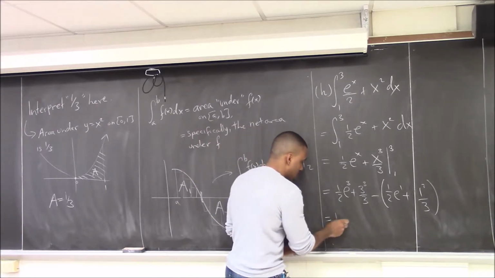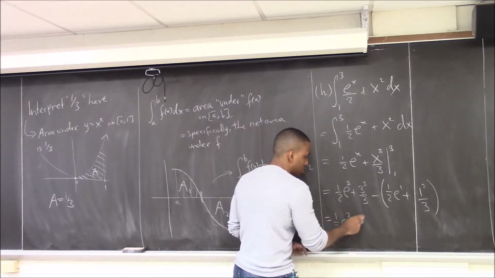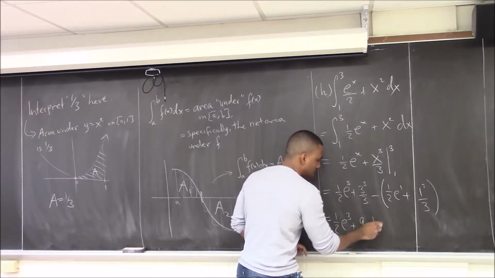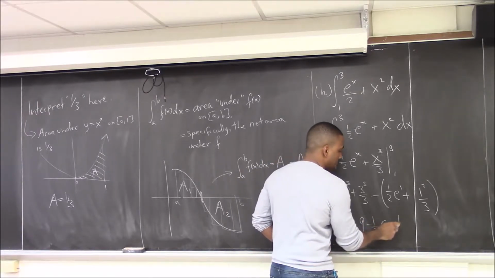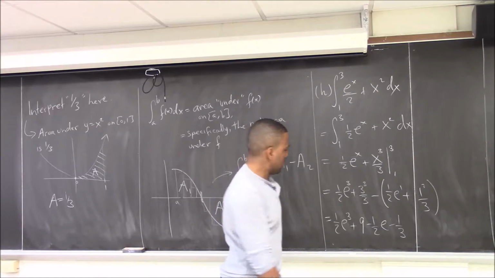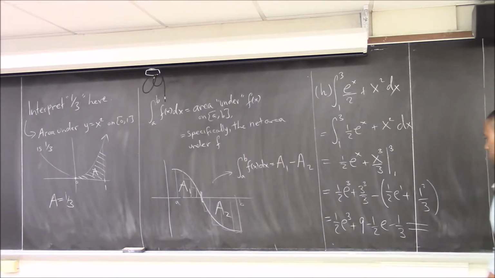So this becomes a half e cubed plus 9 minus a half e minus a third. It's just like a half e cubed minus e plus 26.